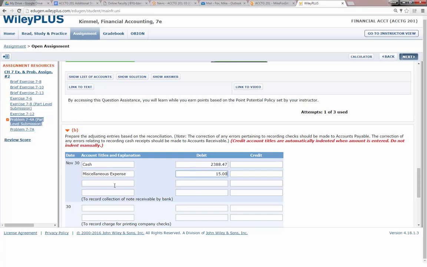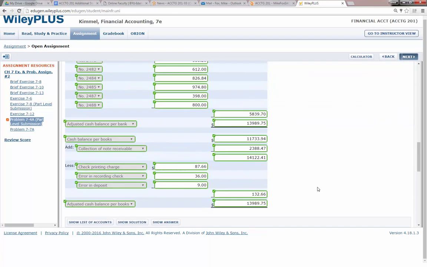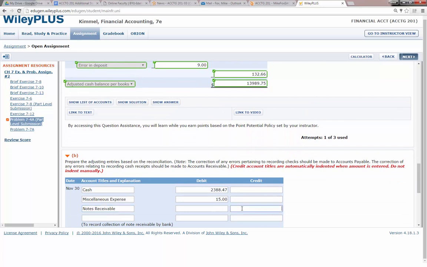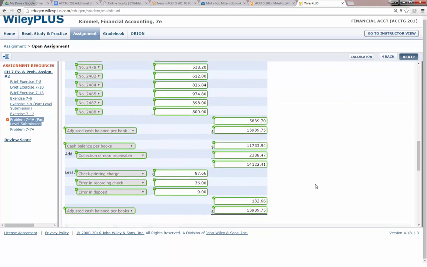And then we have the notes receivable will be decreasing, right, by the amount of the principal payment. So that was, let's see, $2,246.47. And then the other will be interest revenue, or money we made by lending money, for $157.